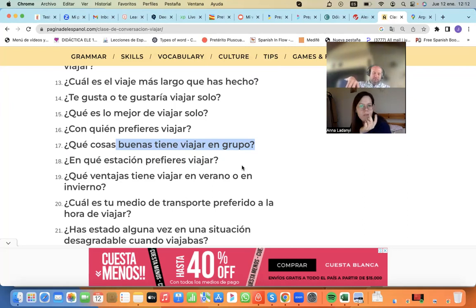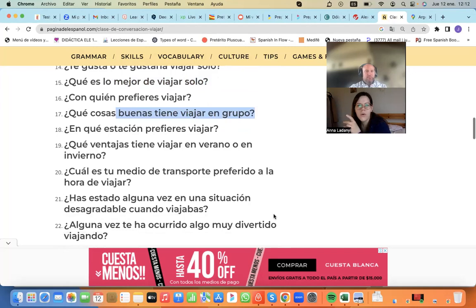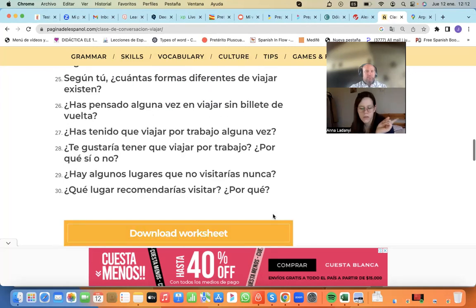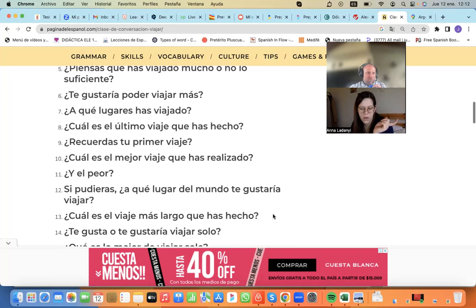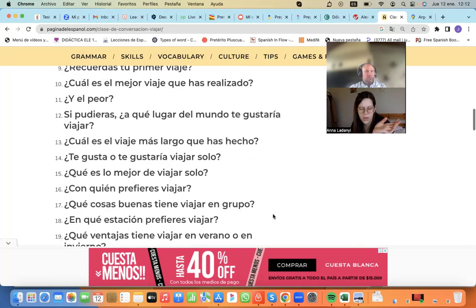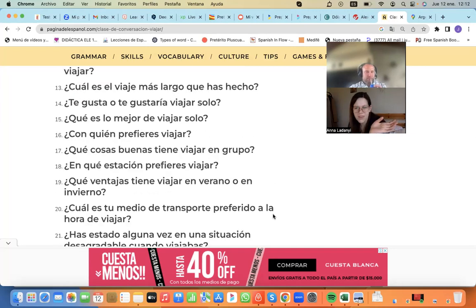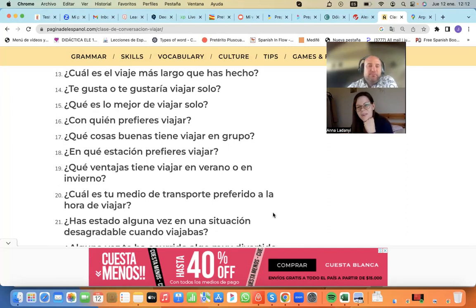Depende del país, I think. Si yo viajo en mi casa, then solo. If I'm just going home, I'm going by myself. Pero otros viajes en grupo, probablemente.